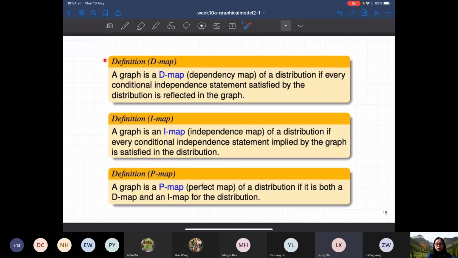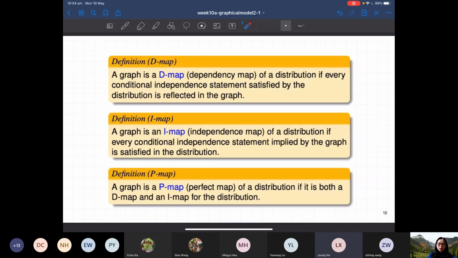So for these two definitions, in one the graph is a necessary condition to represent the terms in the joint distribution, and in the other the graph is a sufficient condition for the conditional independence statements expressed in the distribution. And of course, a P-map is both: if a graph is a P-map of the distribution, then they are necessary and sufficient conditions of each other.